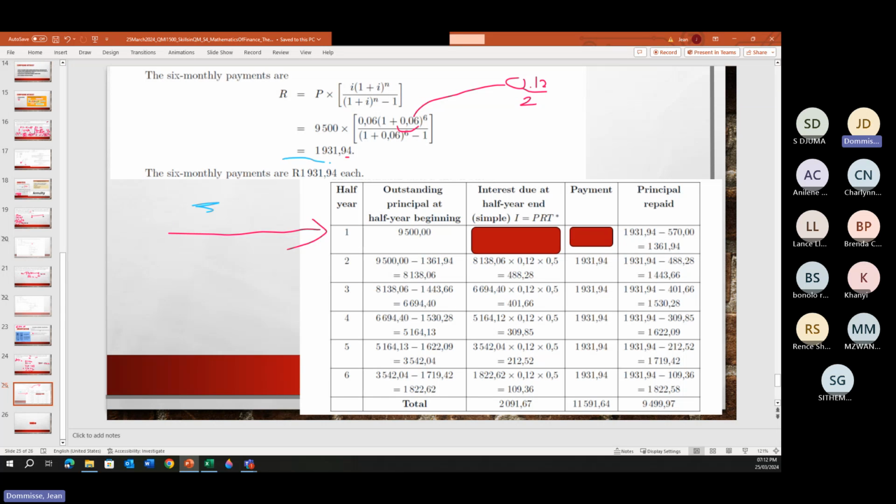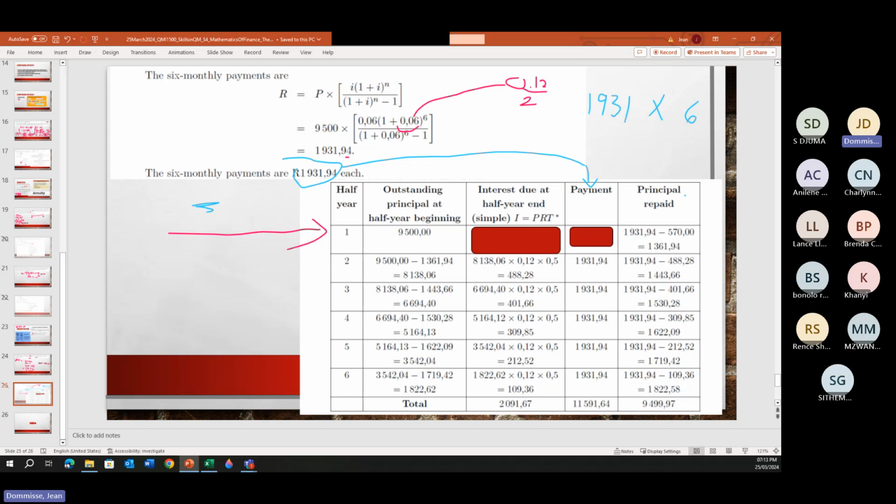So these payments go into that payment line, and you can see when you add those, so you made 6 payments of 1931.45 times 6.